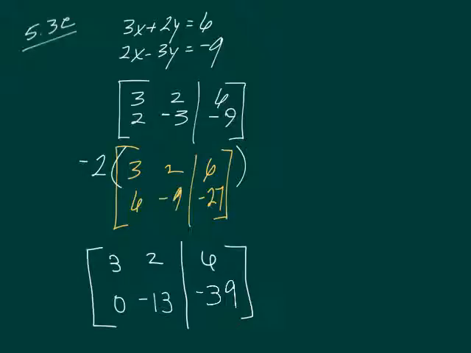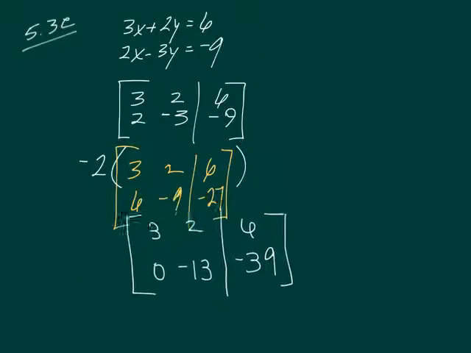Okay, so all that, and it got this number right here to be a 0. Now let's see. It'd be nice if this were a 1. So if I divide this whole row by -13, because this is a multiple of 13, it'll work for me.